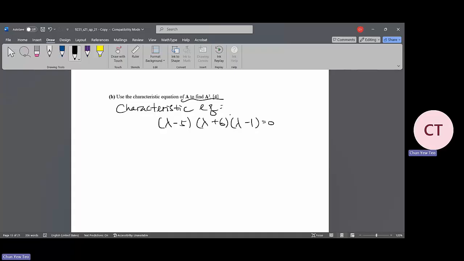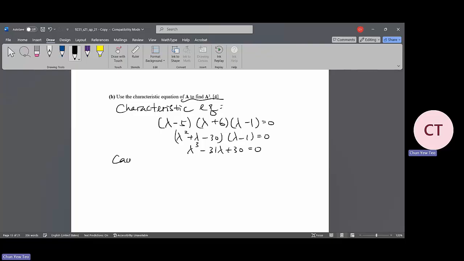Okay, so you expand them. Expand it yourself. Over here, lambda squared plus lambda minus 30. You get lambda cube minus 31 lambda plus 30.